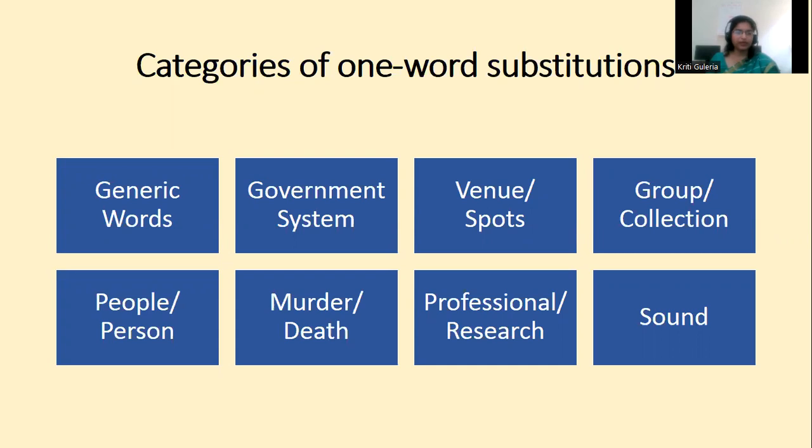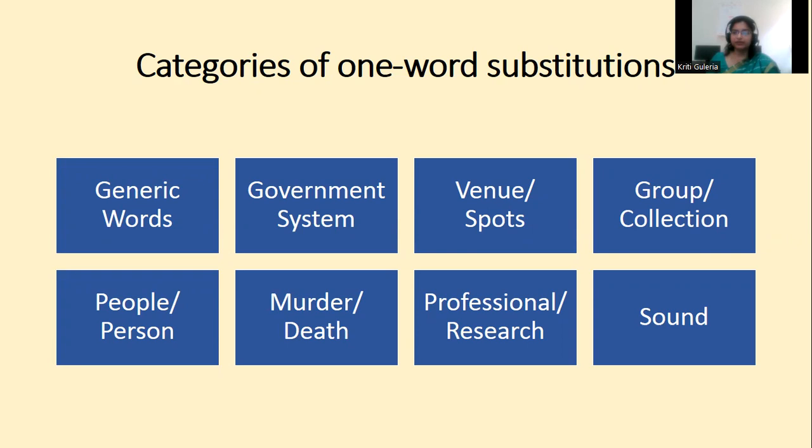Next is venue or spot or place, that is, what a particular place is known as. For example, a place where horses are kept. So instead of saying that this is a place where horses are kept, we can just use a single word, stable.